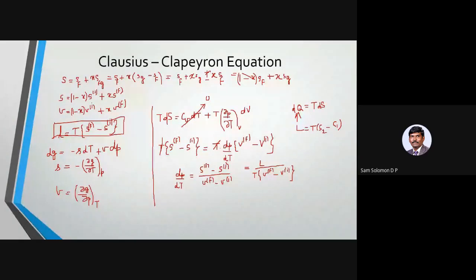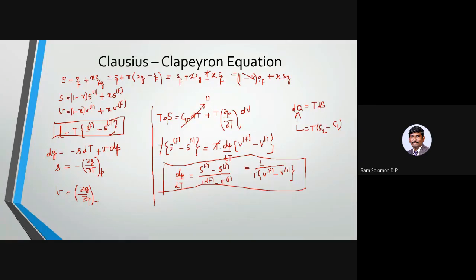And this equation is what is called the Clausius Clapeyron equation. This is nothing but the change in pressure with respect to the change in temperature at the saturated state, which is equal to the latent heat divided by the temperature at which the phase change takes place multiplied by the change in volume.